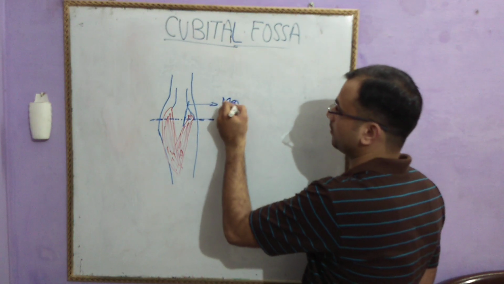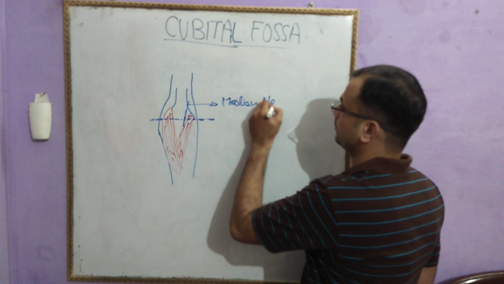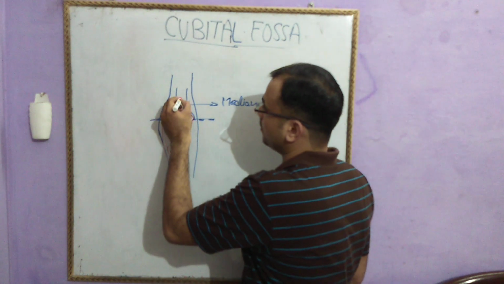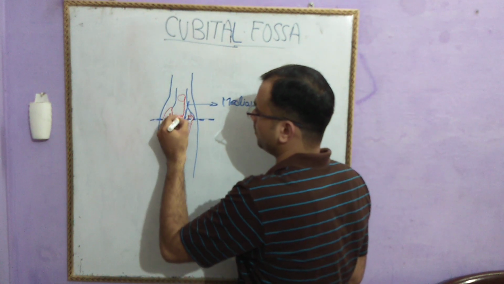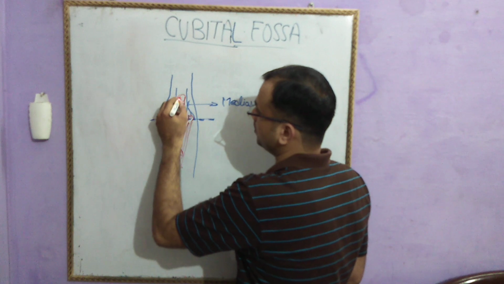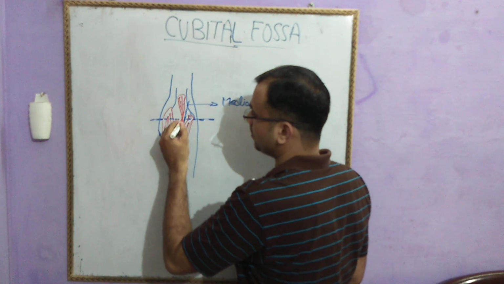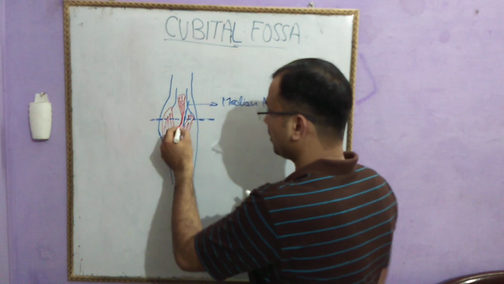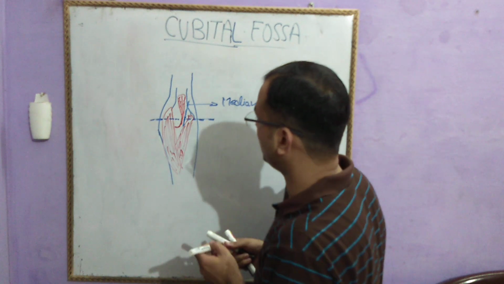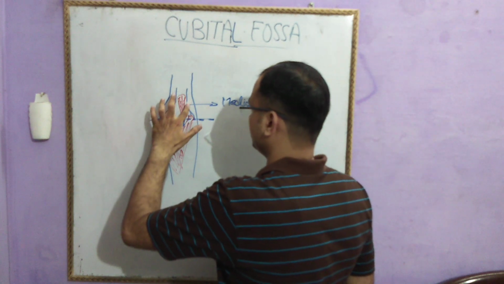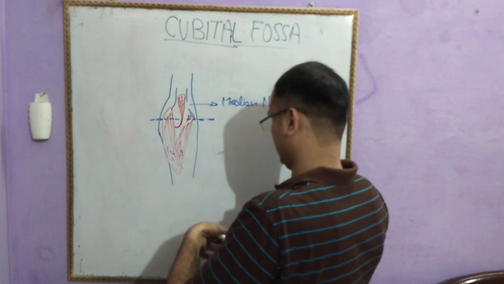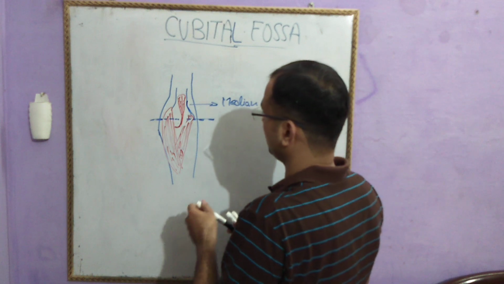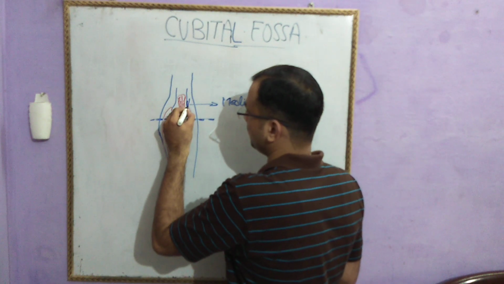This is the median nerve. Now here is the location of the biceps brachii muscle, and this is the tendon of biceps brachii, which is inserted on the posterior surface of the radial tuberosity.